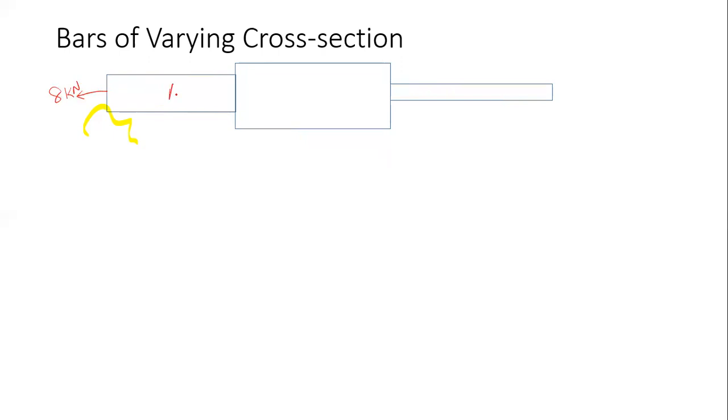This section has cross sectional area A1 and length L1, this is A2 with length L2, and this is A3 with length L3. A 10 kilonewton force is acting here, a 4 kilonewton force is acting here, and a 2 kilonewton force is acting here.